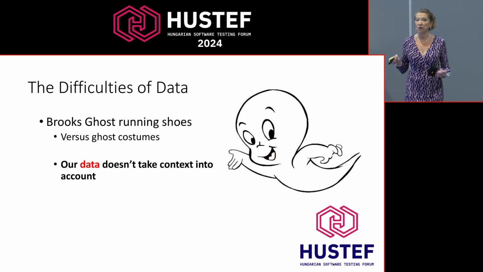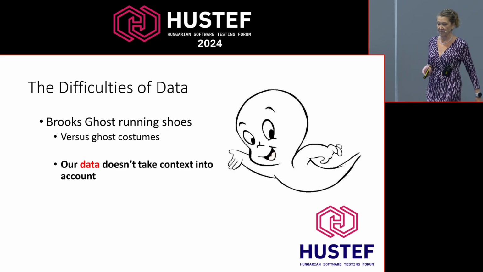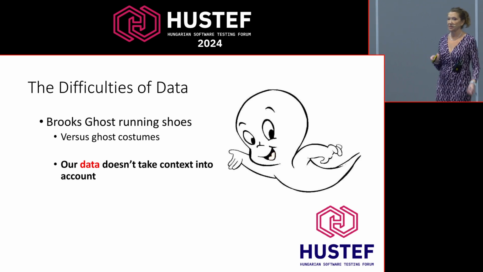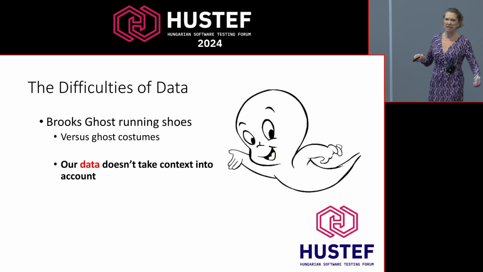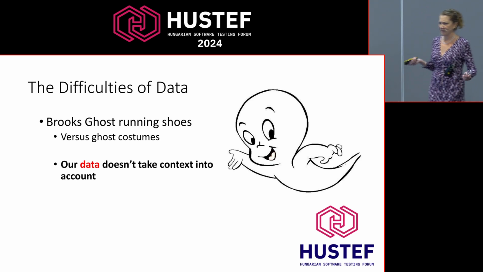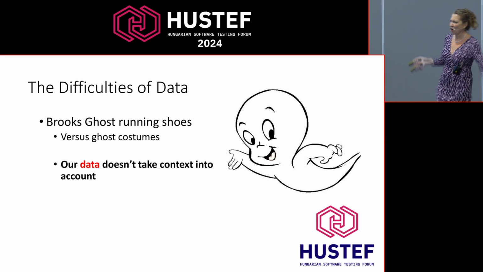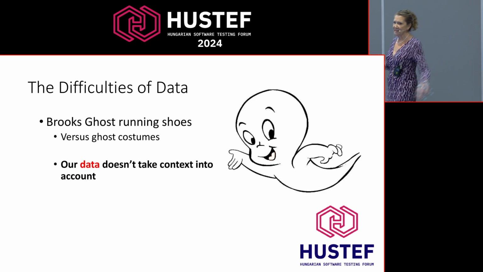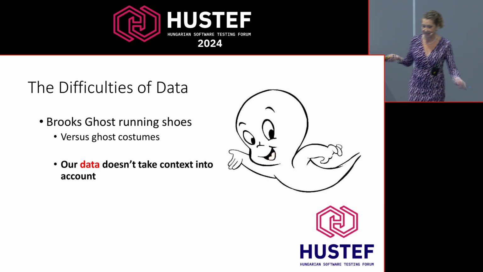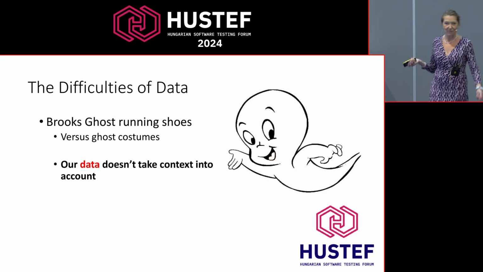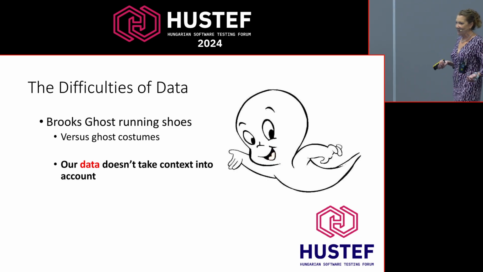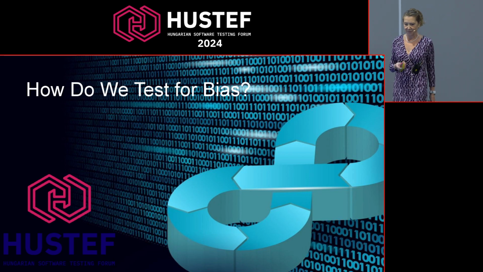I bought a pair of Ghost running shoes for a friend of mine. And then Amazon asked me if I'd like a hood, a dark hood, an ultraviolet flashlight. Thought I was going ghost hunting. Well, was that a big deal? Not really. I mean, they lost a sale. If they'd offered me a singlet, maybe I would have purchased that as well. But it's not a safety critical issue.